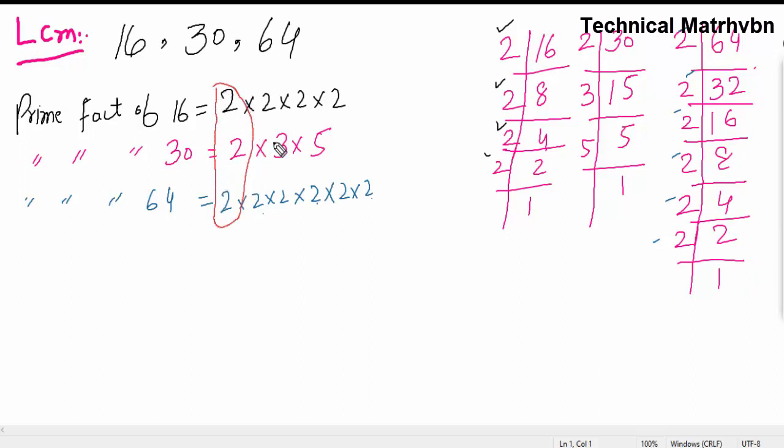These are the common factors. Here you can see that 2 and 2 are common, 2 and 2 are common, 2 and 2 are common.